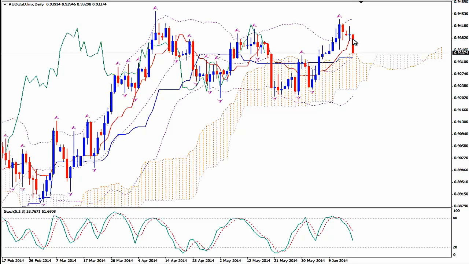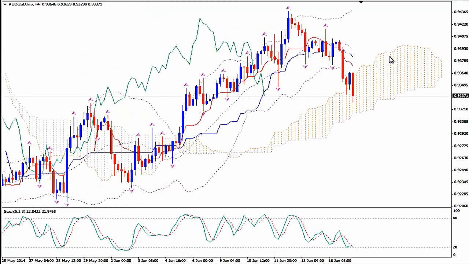Tenkan-sen is the red line of Ichimoku Kinko Hyo, so you see that the bearish candlestick on the daily time frame has already crossed and is about to close below the Tenkan-sen line. When we see this, we go to H4, the second smaller time frame, and we want to see a strong bearish Kumo breakout, which has not happened yet.